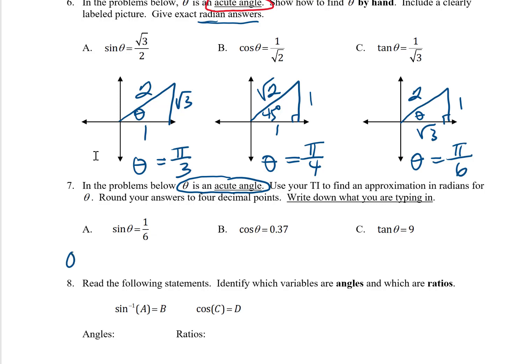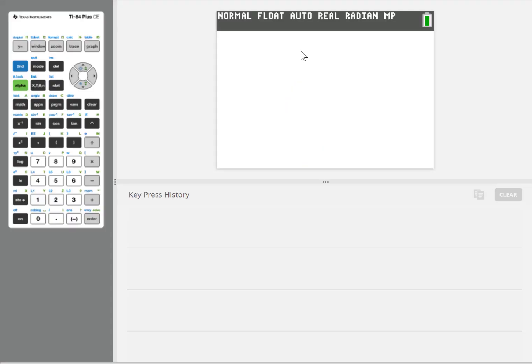So if I want to get theta, as long as it's in the first quadrant, those buttons work very easily. Simply take the 1/6 and plug it into the inverse sine function. What comes out will be the angle. Now, the directions do say that they want me to do this in radian mode. So I'll go to the calculator.